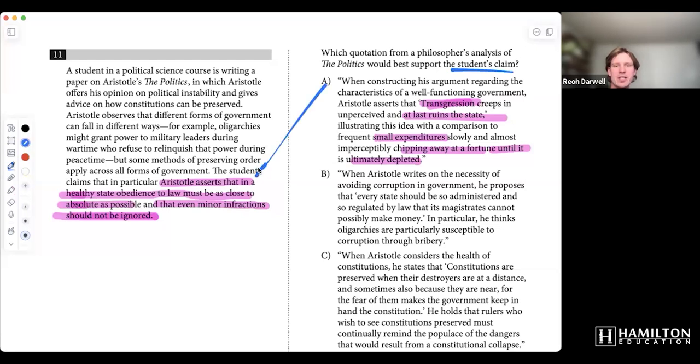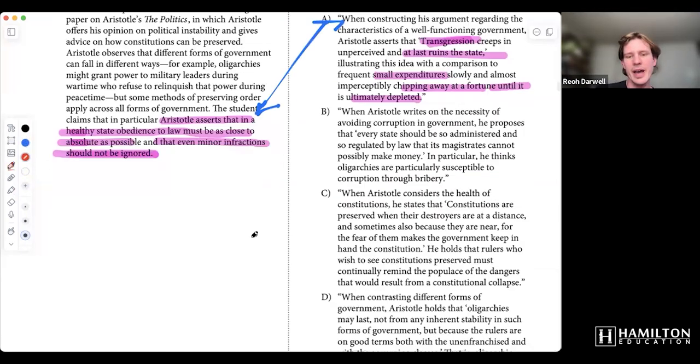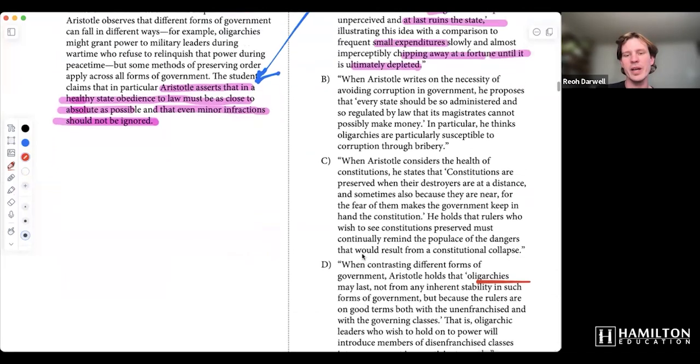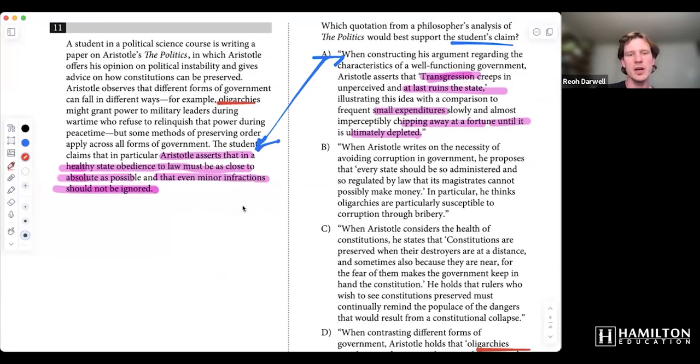I want to talk a little bit about why some of these other ones might be interesting to us, but why they're wrong. All right. So we talk a little bit about oligarchies, right? And stability. Okay, so it is true that answer choice D talks a little bit about oligarchies because of certain situations, and oligarchies show up here.